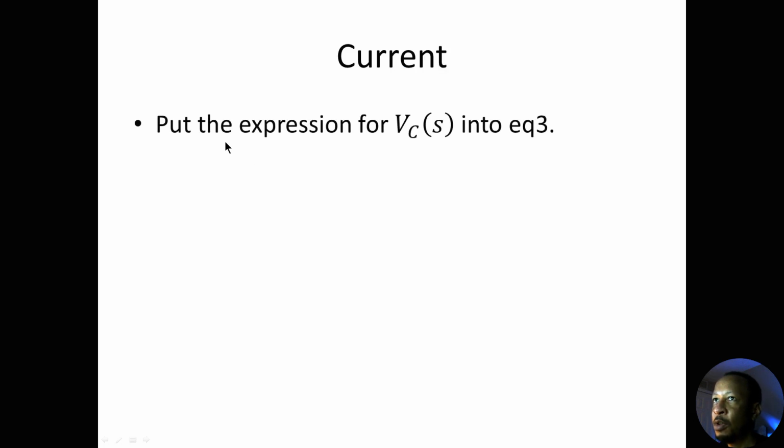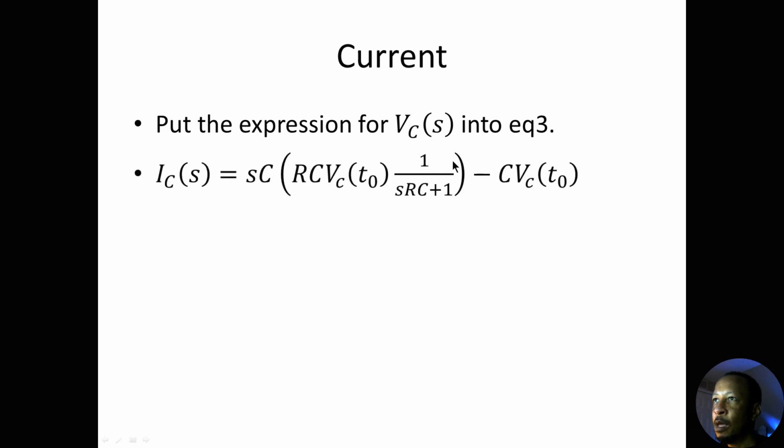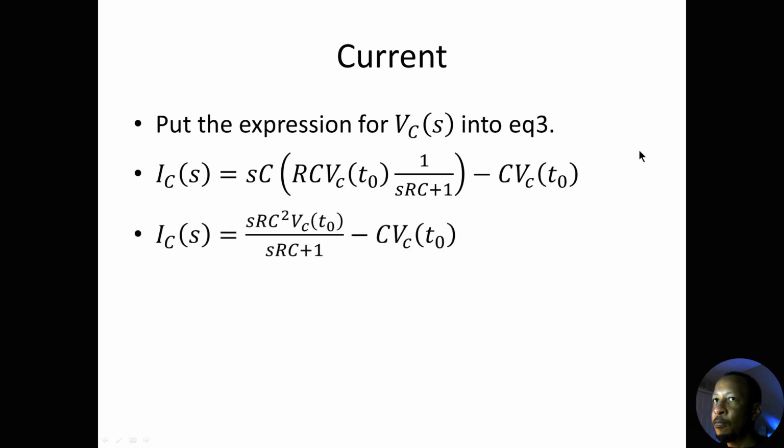And so now I'm going to put the expression for VC of S into equation 3. And when I do that, now I end up with IC of S equals SC times RC VC of T sub 0 times 1 over SRC plus 1 minus C VC of T sub 0.